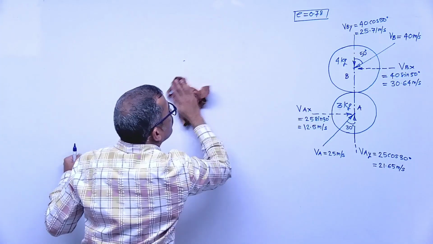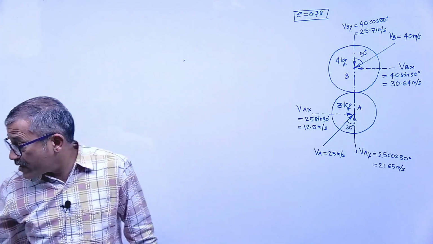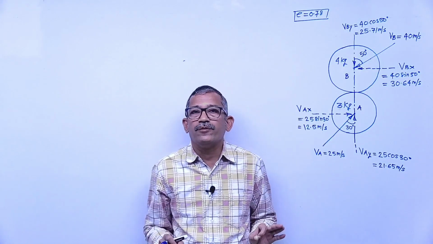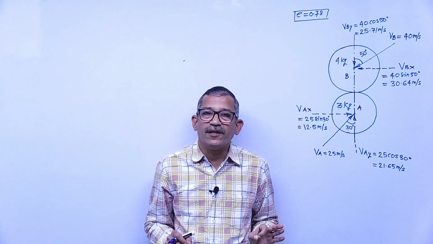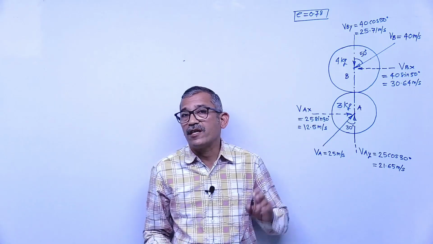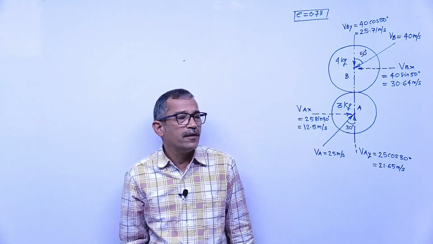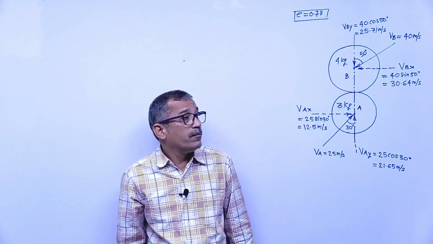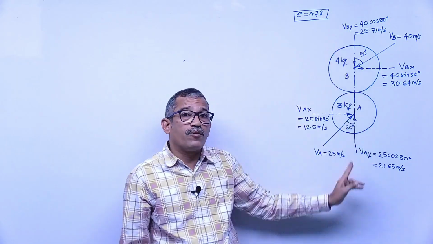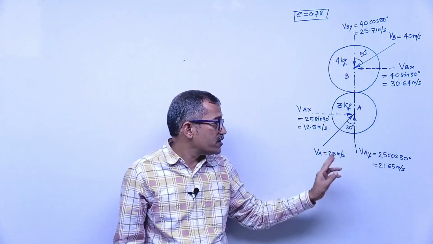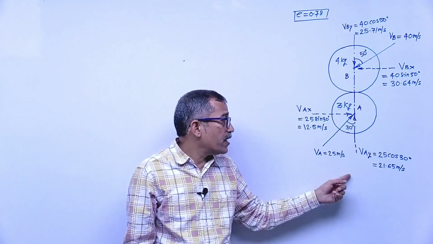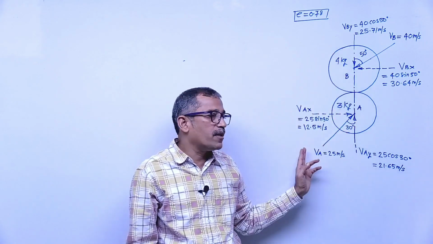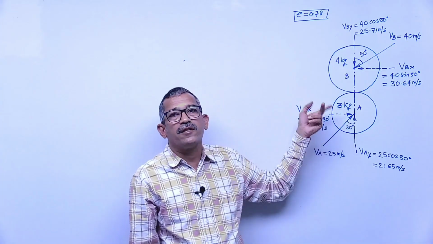Let's recall the equations. The law of conservation of momentum: m1 v1 plus m2 v2 equals m1 v1 dash plus m2 v2 dash. After impact we represent by dash. Now the bodies are A and B, and we take the components acting along the line of impact: mA vAy plus mB vBy equals mA vA dash y plus mB vB dash y.